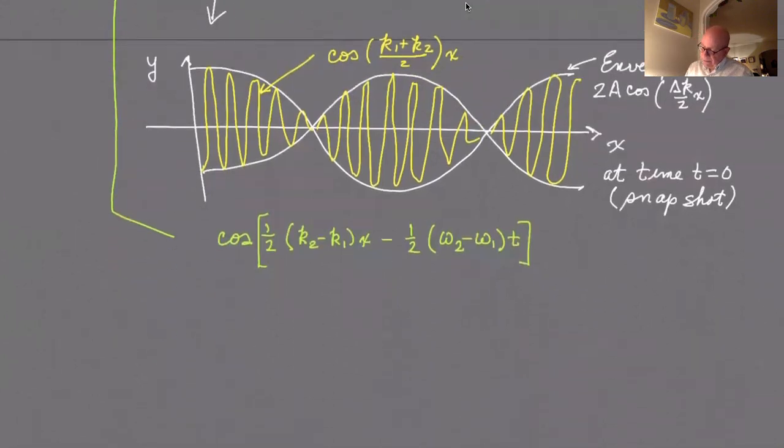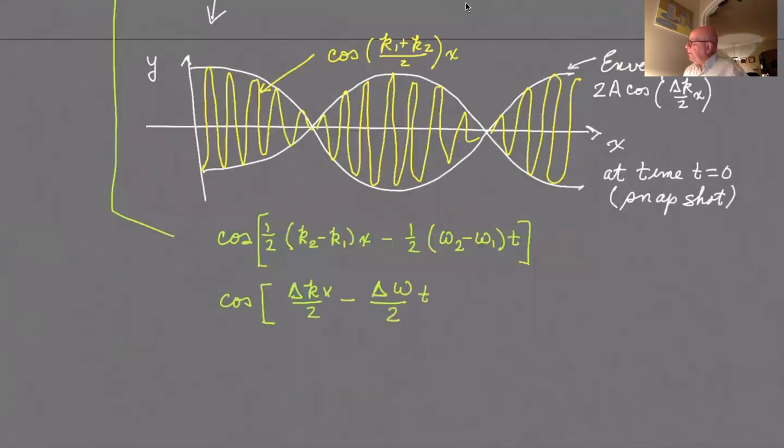And so I can write this now as cosine of delta k x over 2 minus delta omega t over 2.